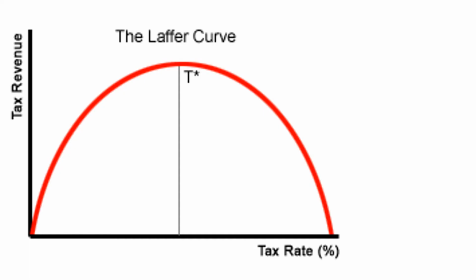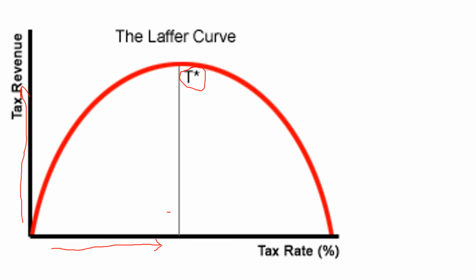An economist who looked into this a lot was an economist called Laffer, and he came up with this idea that we have an optimal tax rate, T star here. His theory went that as we increase rates of tax, the government earns more tax revenue.